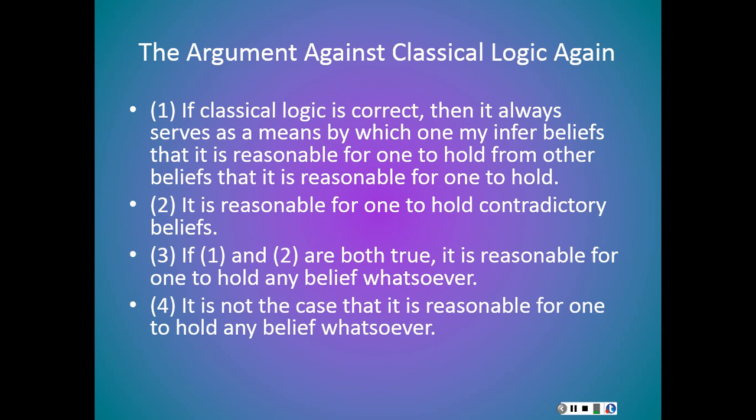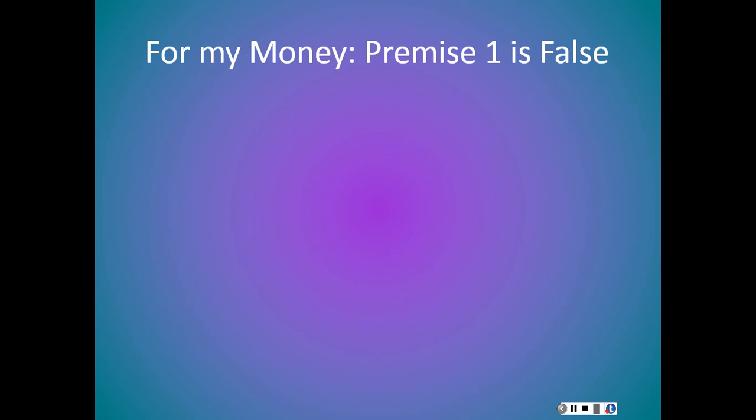But I recognize that I make mistakes, so I also believe that at least one of the things I believe is false. Those are contradictory beliefs, but they're reasonable beliefs for me to hold. So, even though I'm a fan of classical logic, I'm not going to try to get out of this argument by denying premise 2. I'm going to look for another premise to deny.